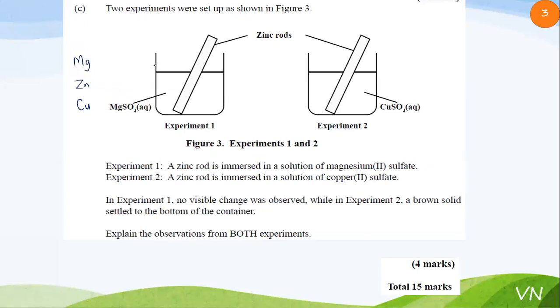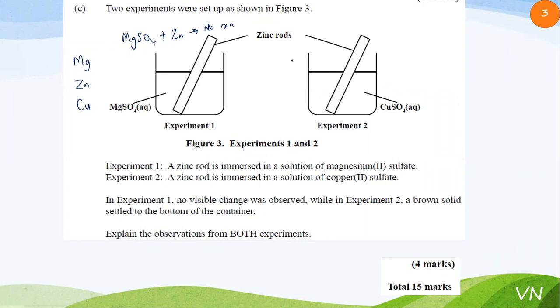In the first experiment, zinc is lower in the reactivity series than magnesium, so zinc cannot displace magnesium. That is why we have no visible change. So magnesium sulfate plus zinc gives no reaction, simply because zinc cannot displace magnesium.